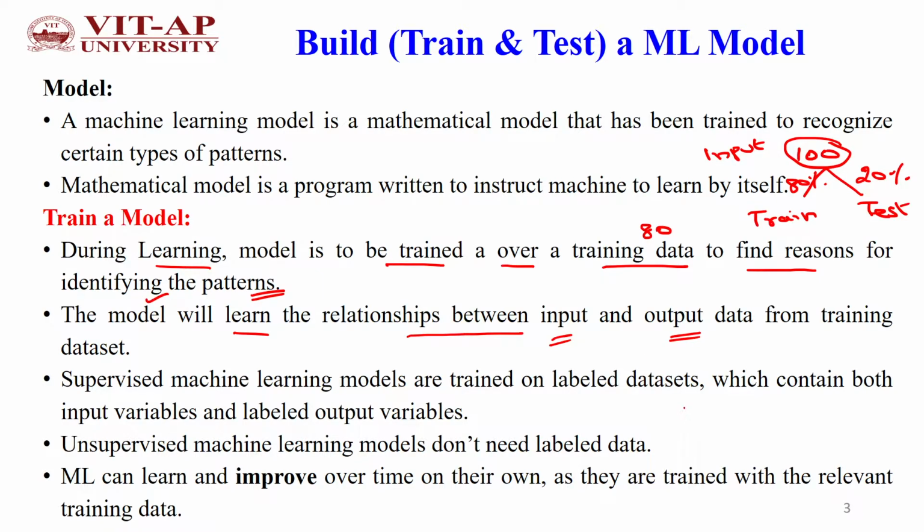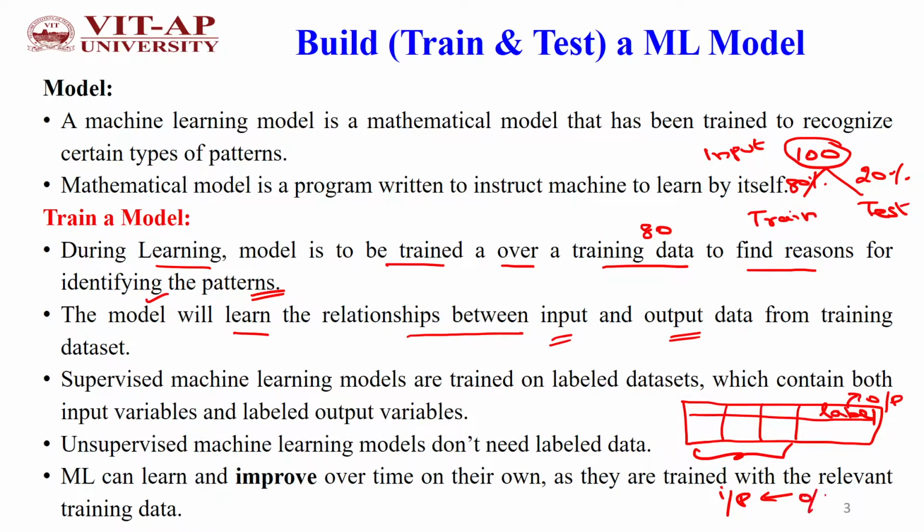Whenever we take a data set, it will have a number of features, and finally we will have the output label. The label is called the output. The remaining features are called input features. So the model learns the patterns from the input, and it will predict the output. It will calculate the output.